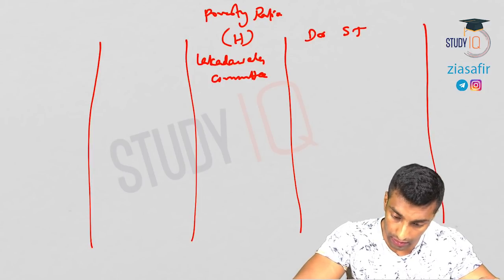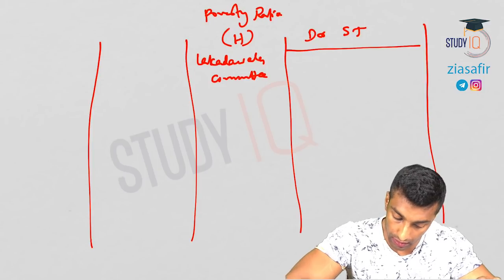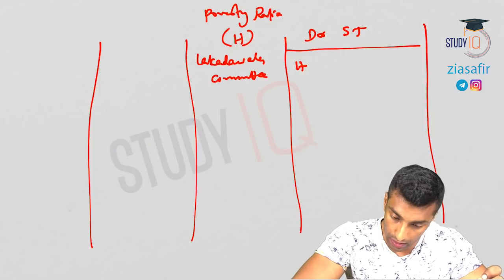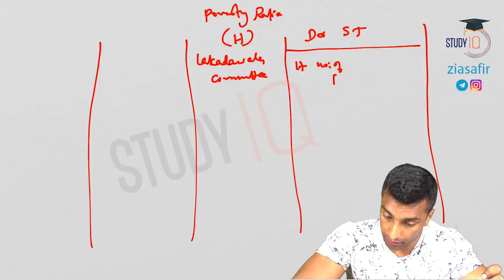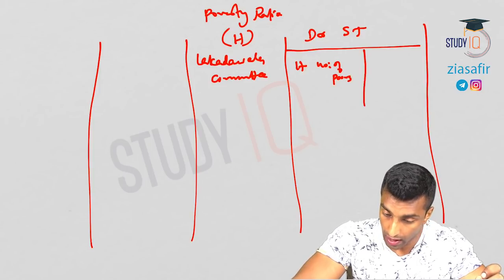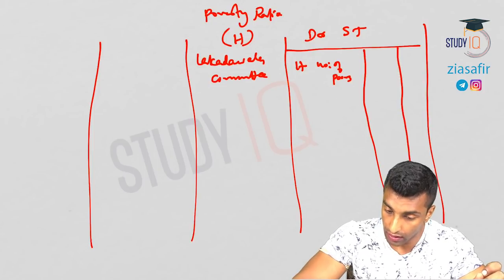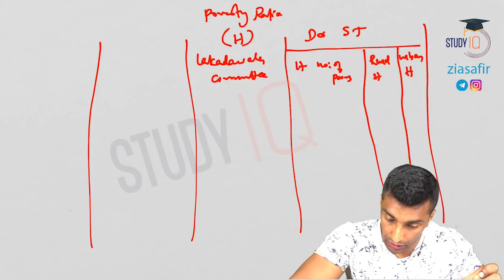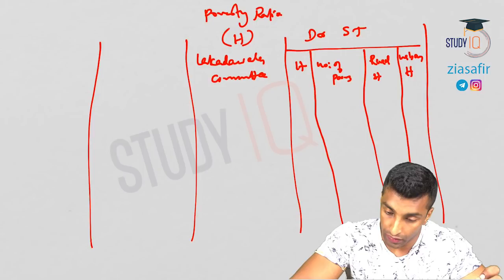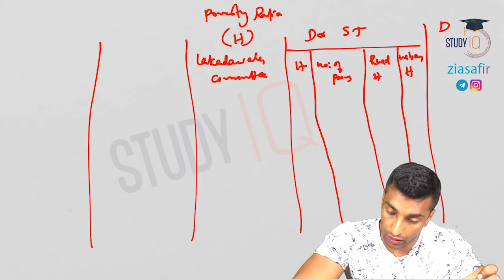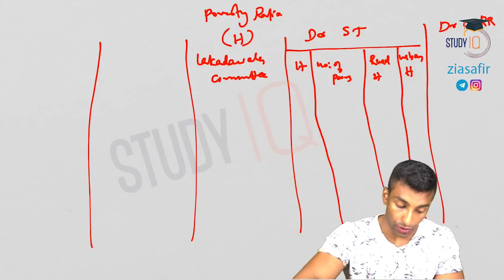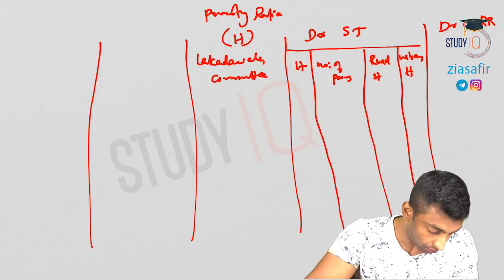Here we will go for 3 head count ratios. Then number of poor. And we will also see rural, urban, both head count ratio. And then Dr. C. Rangarajan. So this is what we are actually going to do. The years.